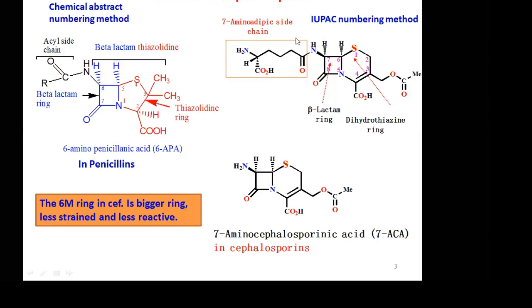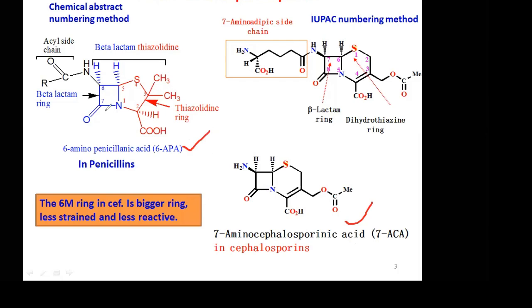Here, this is penicillins, which is 6-APA, 6-aminopenicillanic acid. Now, this is 7-aminocephalosporanic acid, which is the basic nucleus present in the cephalosporins.